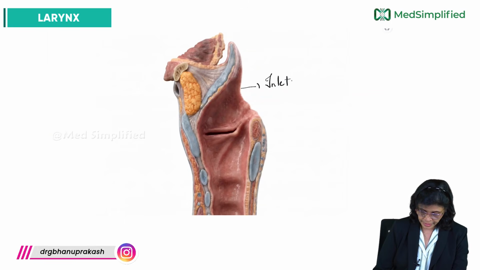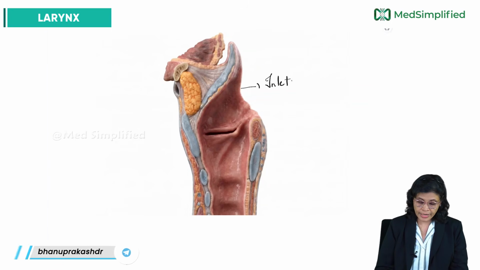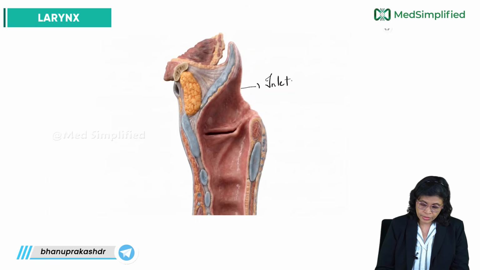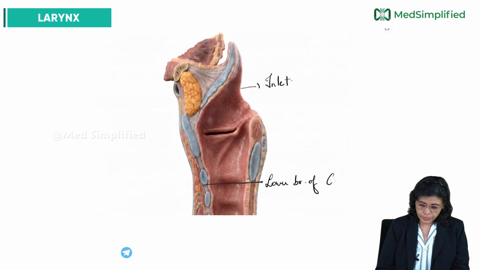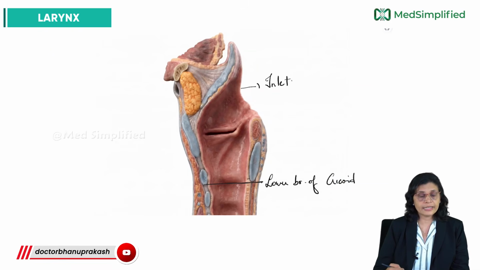This will be the cricoid cartilage, anterior here and posterior here. The posterior lamina of the cricoid cartilage is broader compared to the anterior. So it will extend up to the lower border of the cricoid, and below it will continue as the trachea.